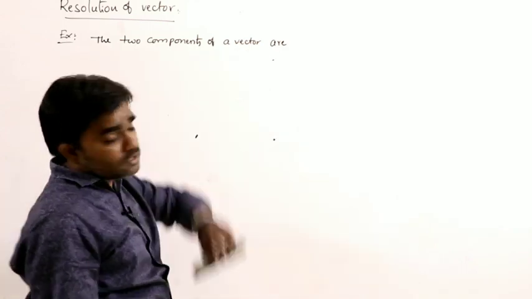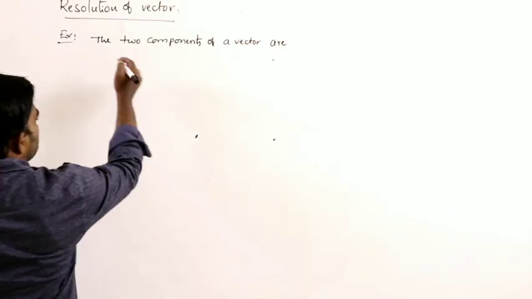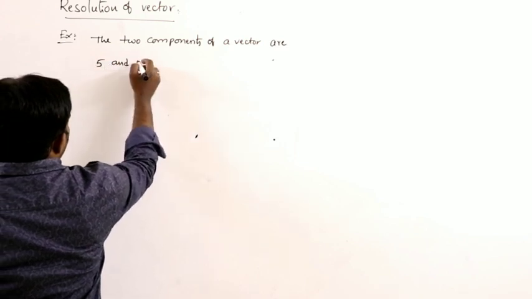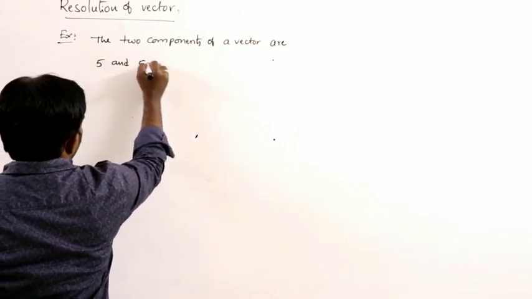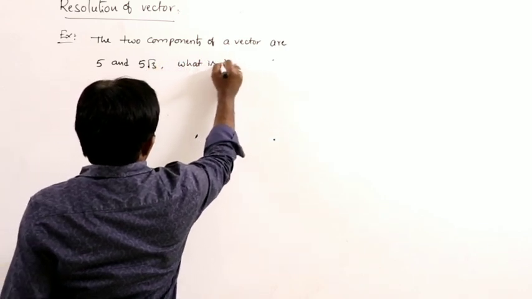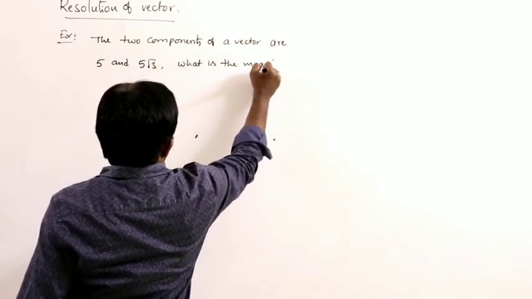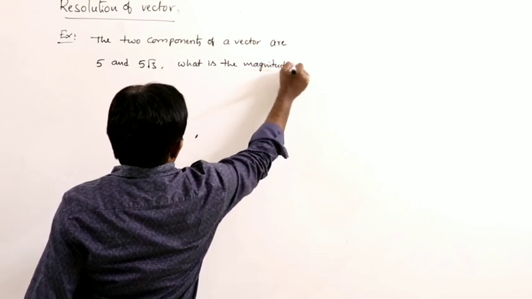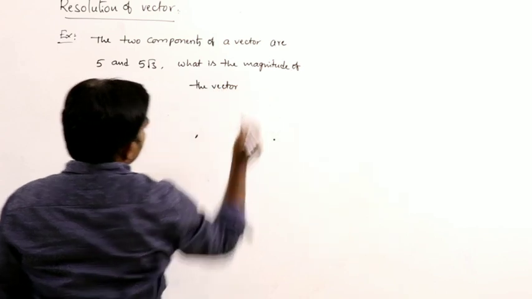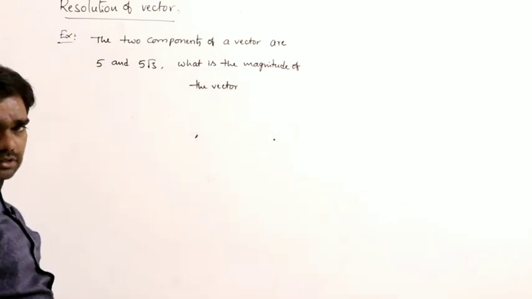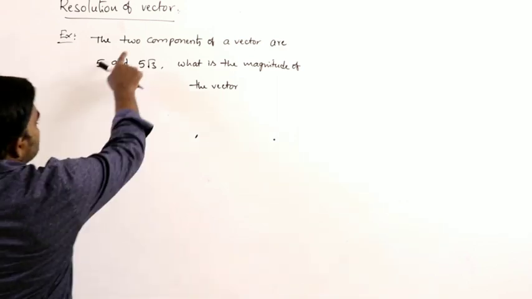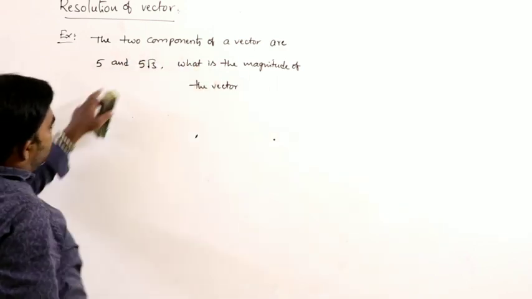Let us say the two components of a vector are 5 and 5 root 3. What is the magnitude of the vector? This is another way of asking the question. The two components of a vector are 5 and 5 root 3.